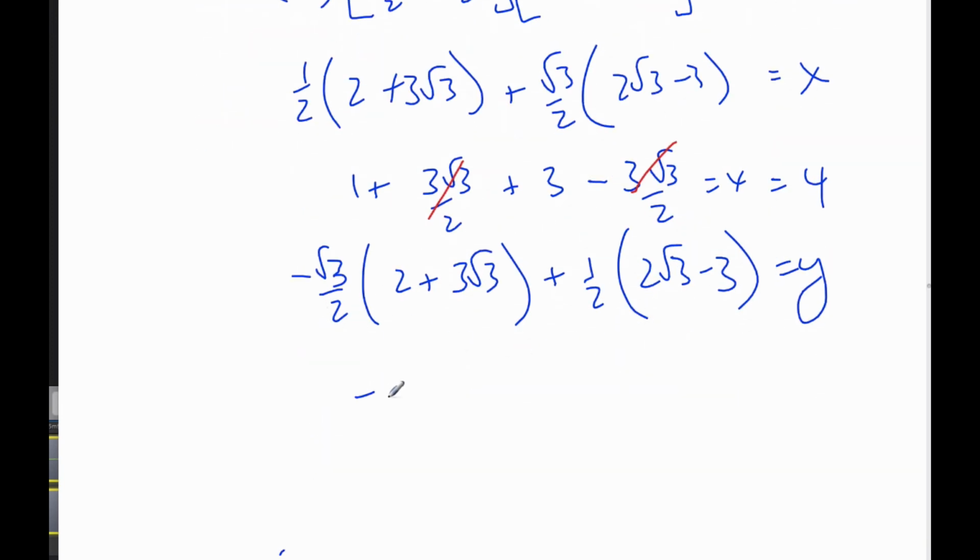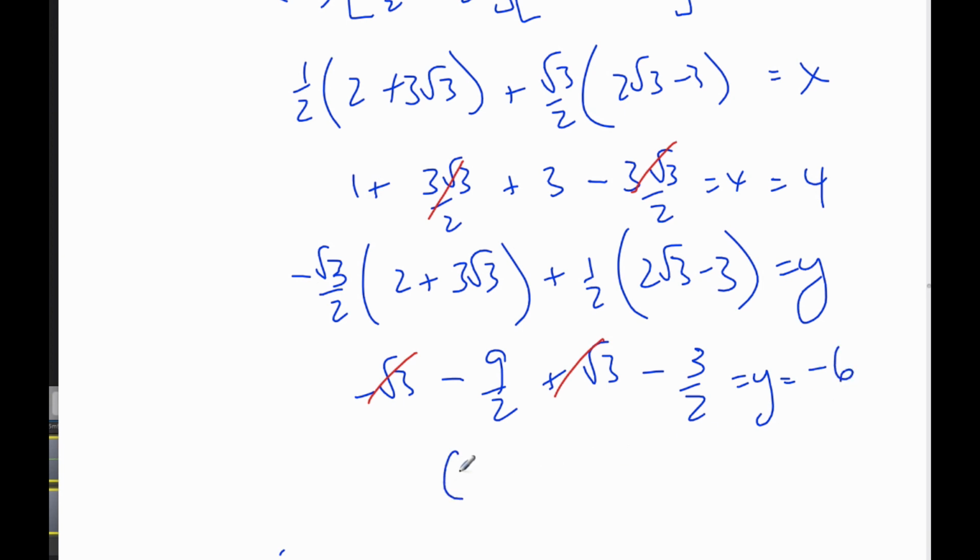So doing this multiplication, I get negative root 3 times root 3 is 3 times 3 is 9. So negative 9 over 2 plus, the 2's cancel, give me root 3, and minus 3 over 2 is what my y value is. Conveniently, the root 3's cancel away. This is negative 12 over 2, which is a negative 6. And so the original point was 4 comma negative 6.